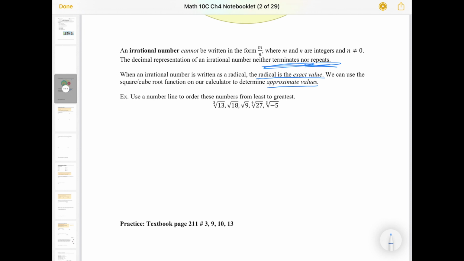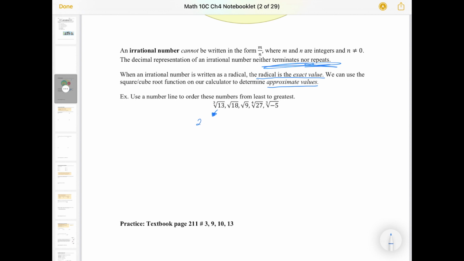So let's just make them all decimals. The cubed root of 13. In your calculator, we need to find the cubed root. So we're going to go math, and down to number 4, cubed root of 13.